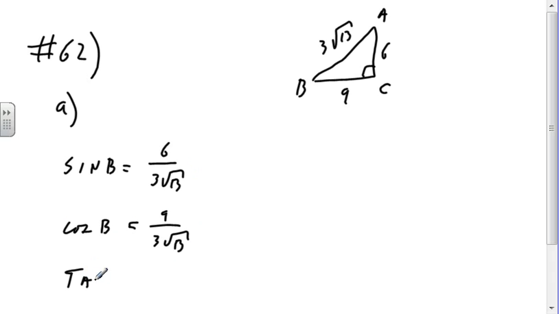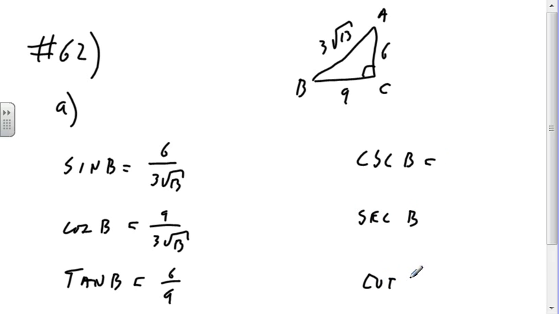Tangent B, 6 over 9. And then we're going to go with cosecant B, secant B, cotangent B.